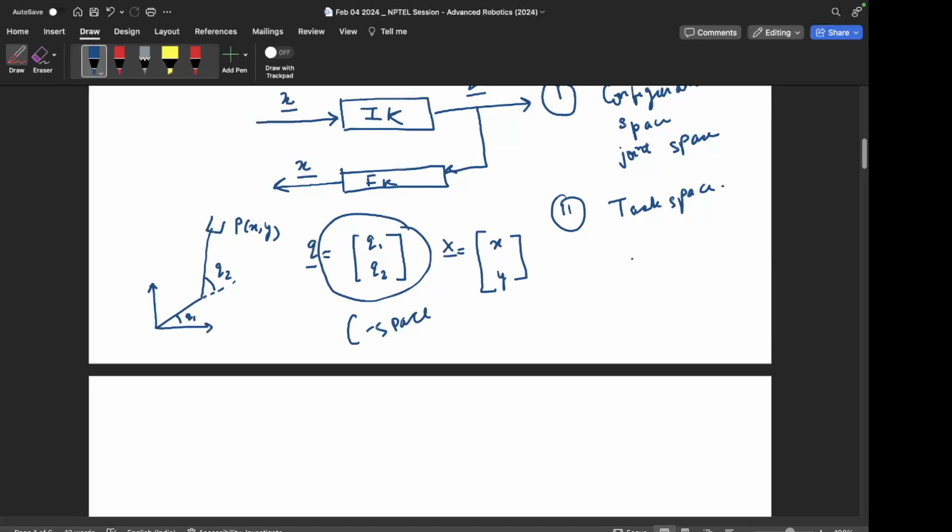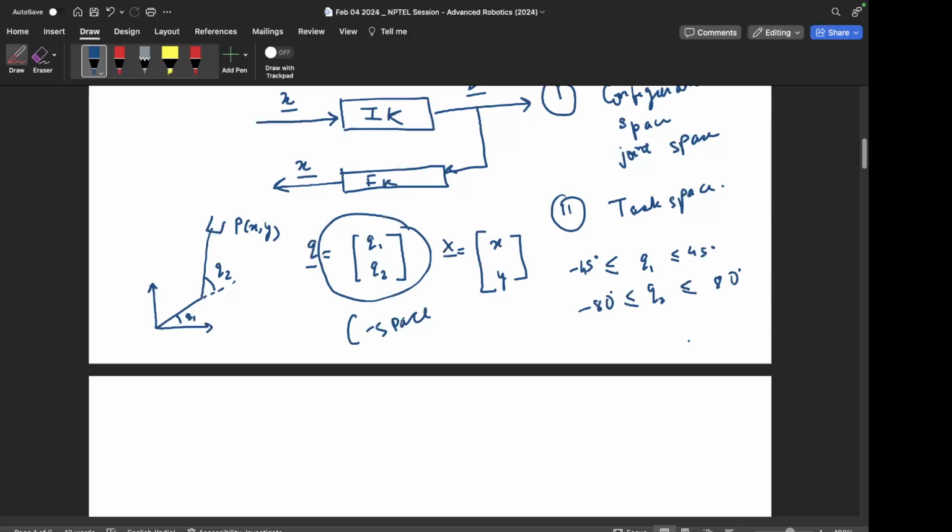So any physical device has some limits, right? So let's say we have put some limits that q1 can vary from minus 45 degrees to plus 45 degrees, and q2 can go from, let's say, minus 80 degrees to plus 80 degrees, right?